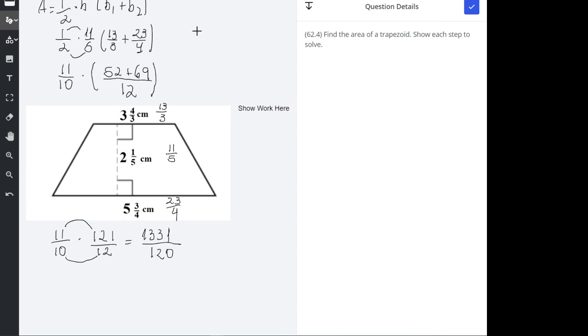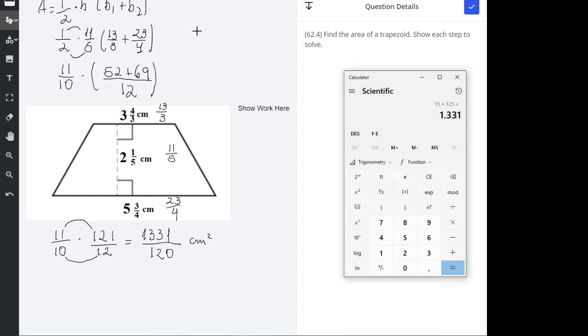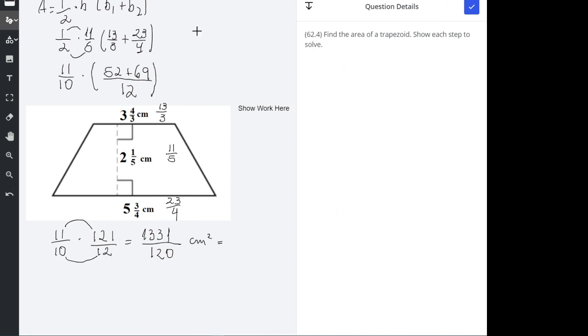The area here is an improper fraction. Mister, can I solve this one in decimals? Yes, if you want. In decimals, guys, just divide it. 1,331 divided by 120 is 11.09. 11.09 square centimeters.